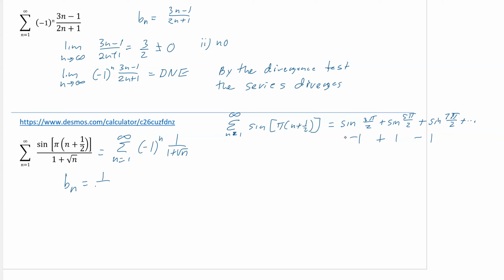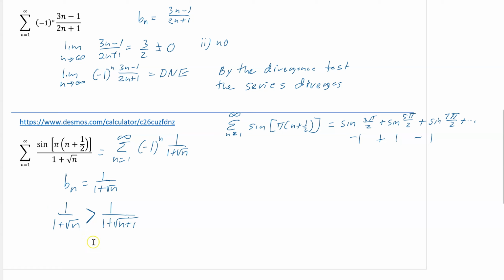So our b sub n here is equal to 1 over 1 plus rad n, and so we check it with the 1 plus rad n, and I'm going to put it over here this time. I'm going to add an n plus 1 for my next term, and you can see that it is decreasing. So if I remove that plus 1 right there, it would make it a bigger fraction.